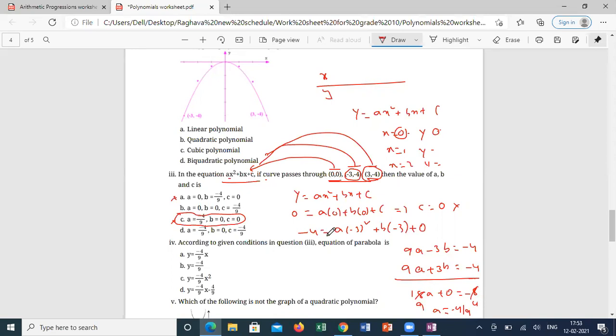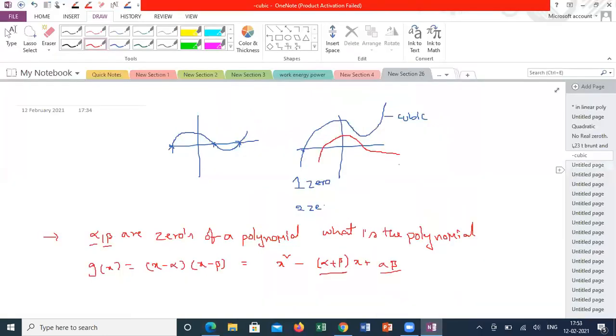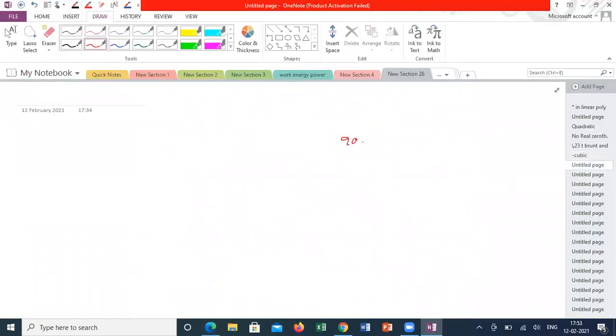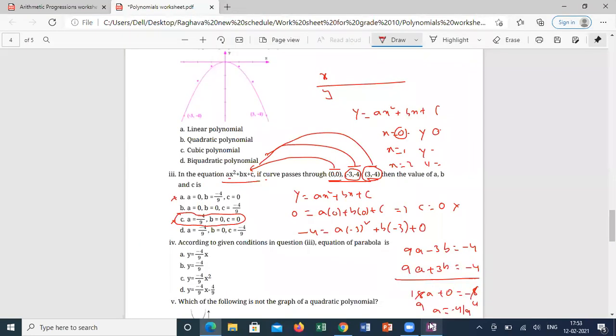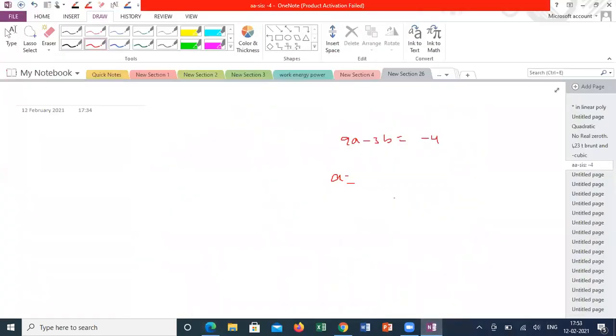Let me check whether I am getting the correct answer or not. Suppose I take a is equal to minus 4 by 9 and substitute in any one equation. I got 9a minus 3b is equal to minus 4, and a is minus 4 by 9. So 9 into minus 4 by 9 minus 3b is equal to minus 4.